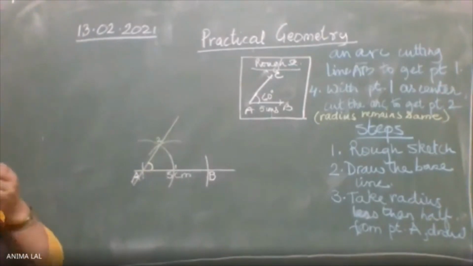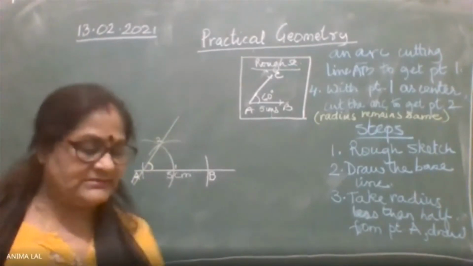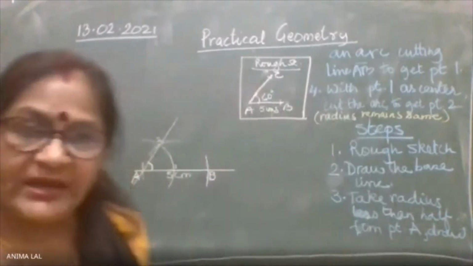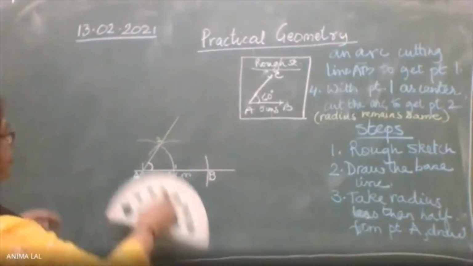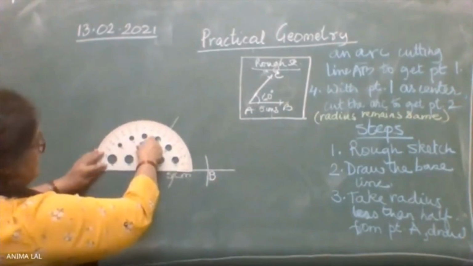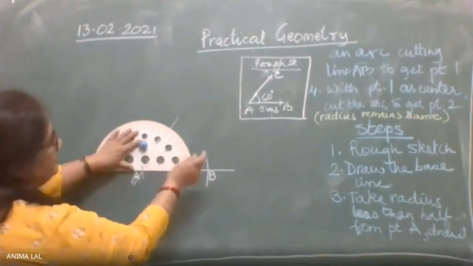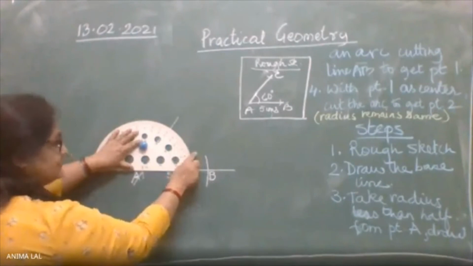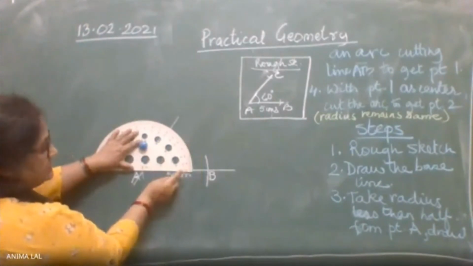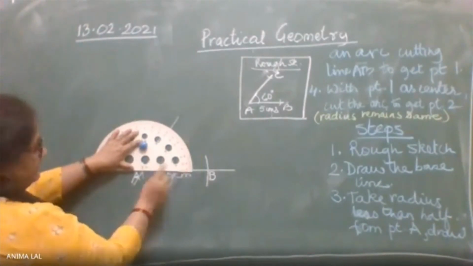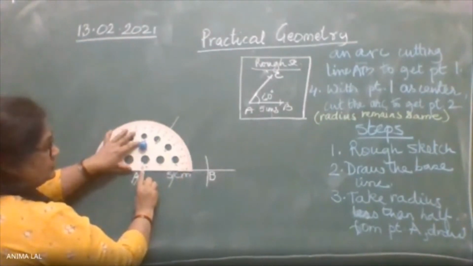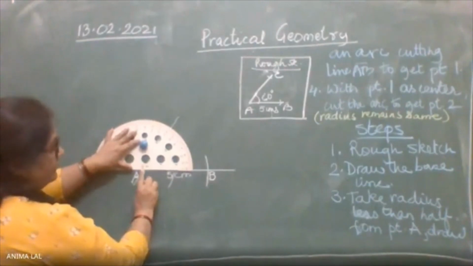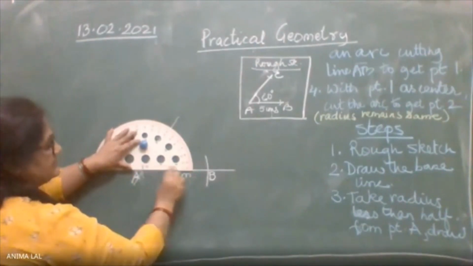Now take your protractor and check whether you got 60 degrees or not. For that, since your angle is on the right side, start with the 0 on the line, on the right side. The point which shows 90 degrees and the 0 marking must be on the same line.